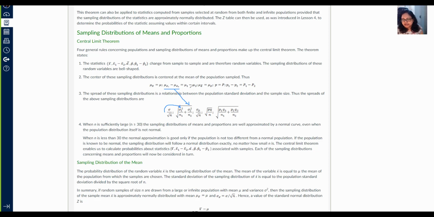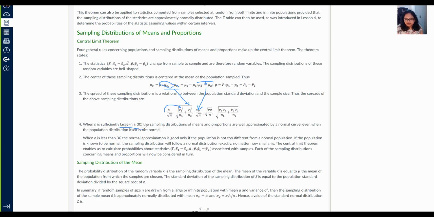If we are talking about the difference between the means, instead of showing it this way, we are basically taking the difference between them. Then it will be like that. Same thing for proportions, and then you can see the difference between the proportions.